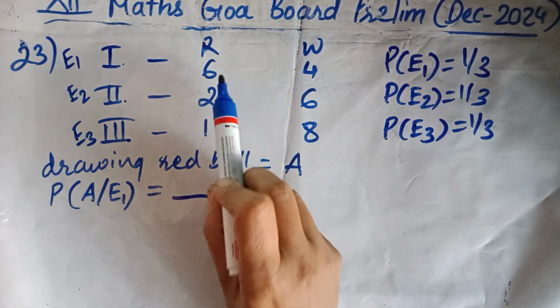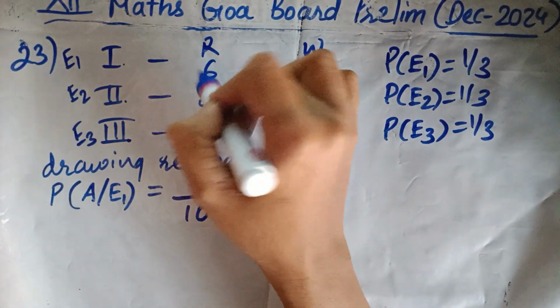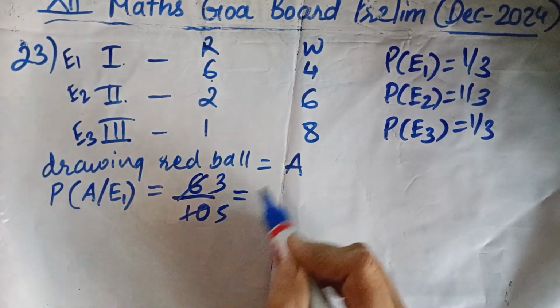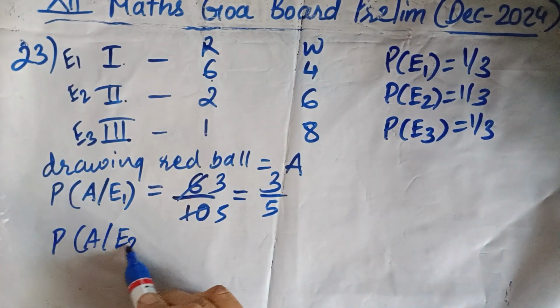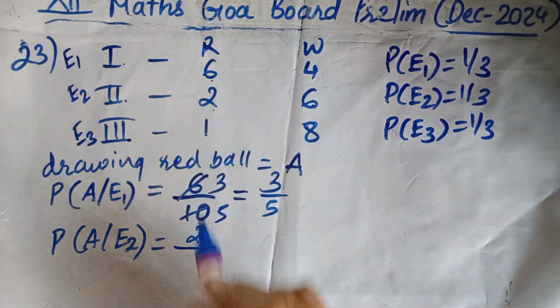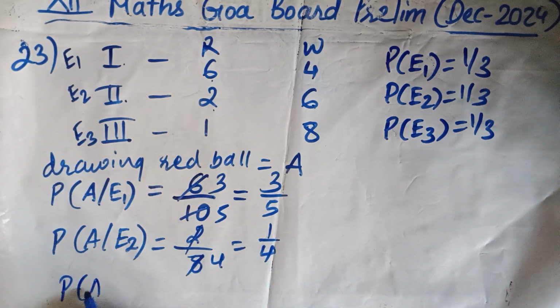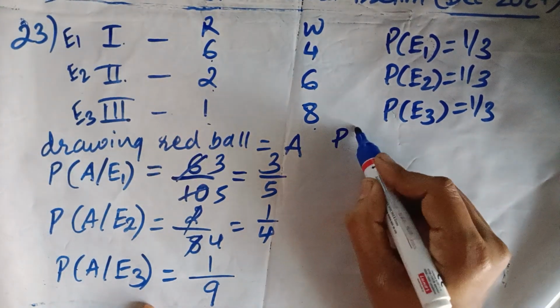Here total balls are 10, out of which we are choosing a red ball, so 6 over 10. So this is 3 upon 5. Then A over E2 is 2 upon 8, so 1 by 4. Then E3: total is 9, so 1 by 9.